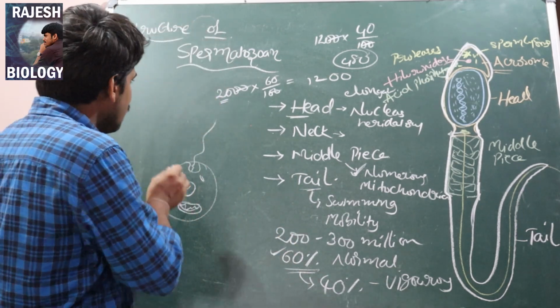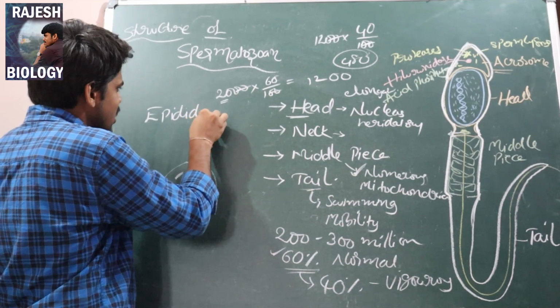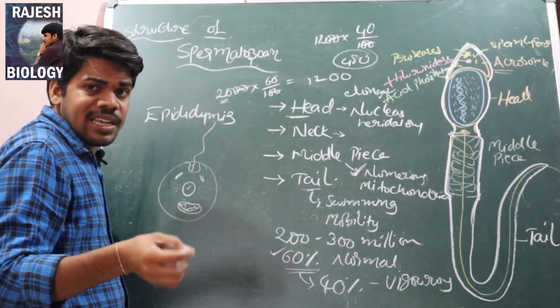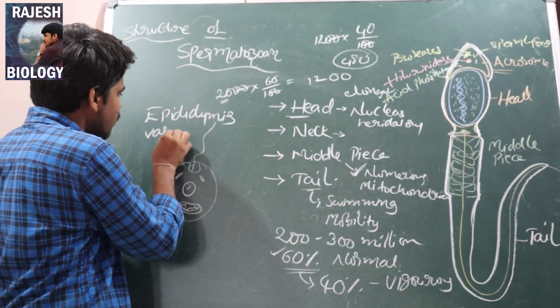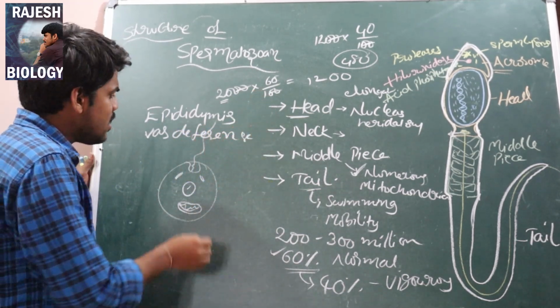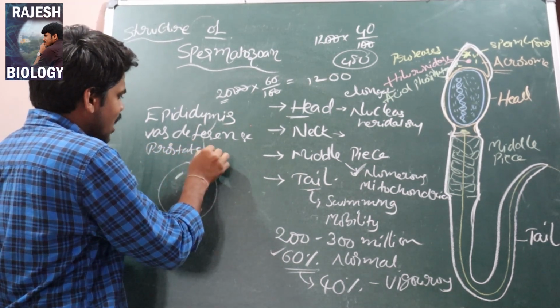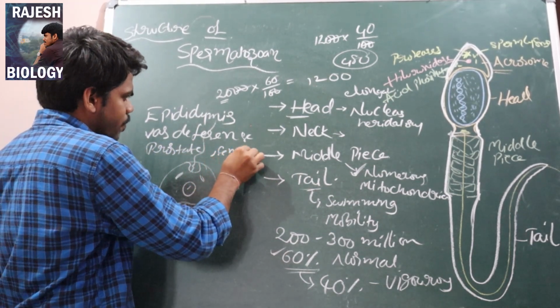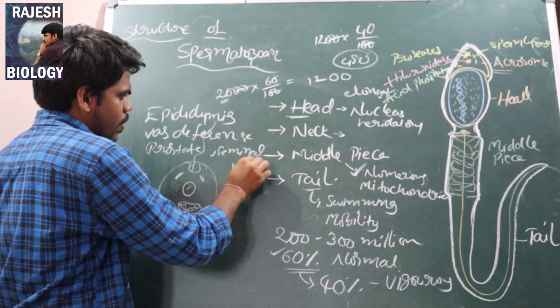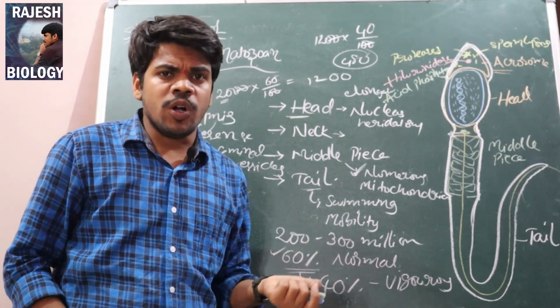So the secretions of the epididymis, the vas deferens, the prostate and seminal vesicles help in the maturation of the sperm cells.